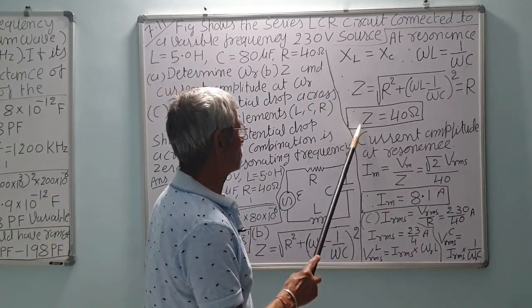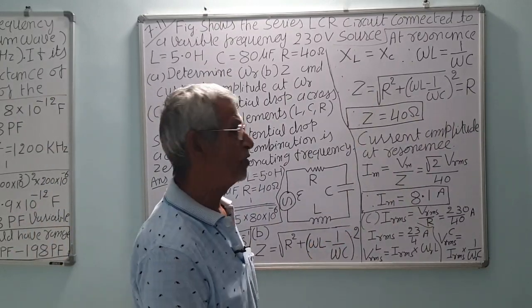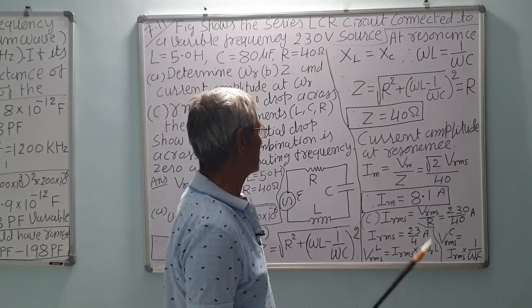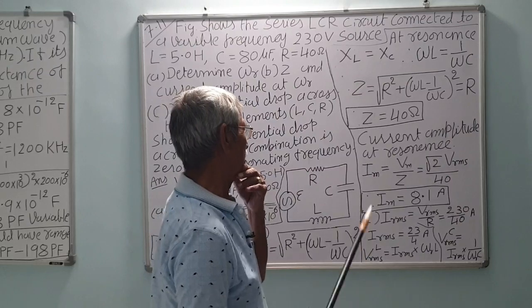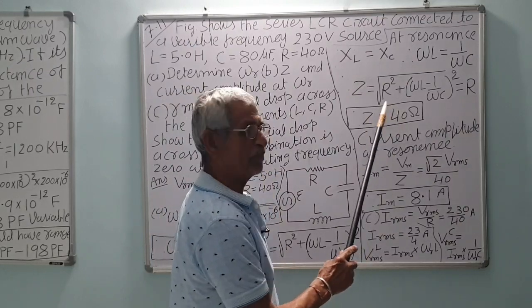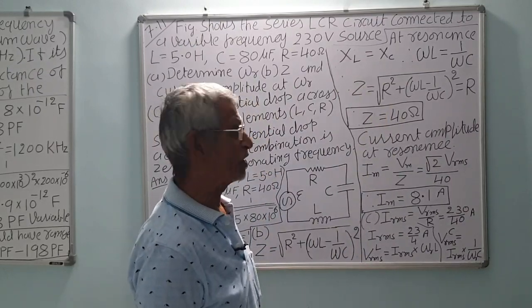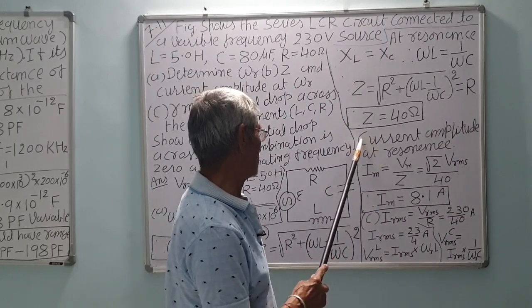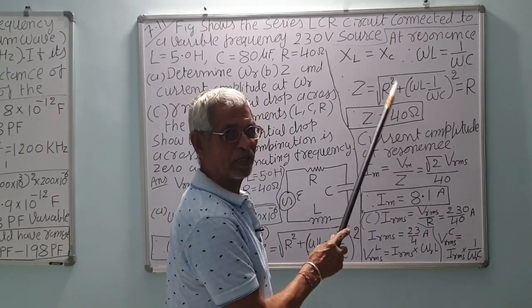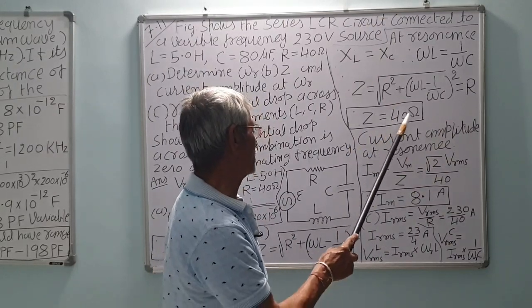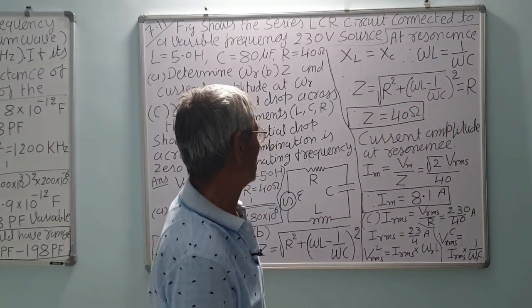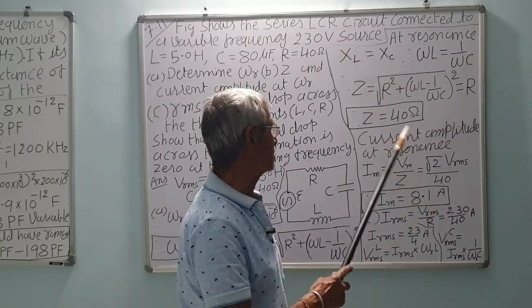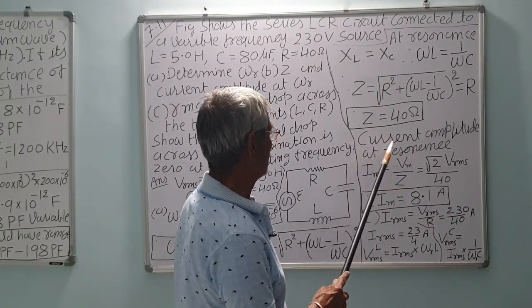So the impedance Z, the total opposition in the circuit due to all three elements at resonance, is only the resistance R. It is a purely resistive circuit, we have already discussed it. So there will be only resistance, and the current depends upon the resistance. The peak value of current will be more if resistance is less, and less if resistance is more, and vice versa.